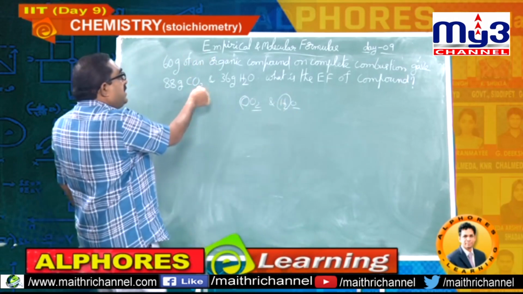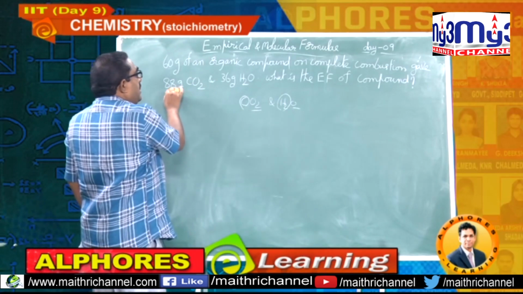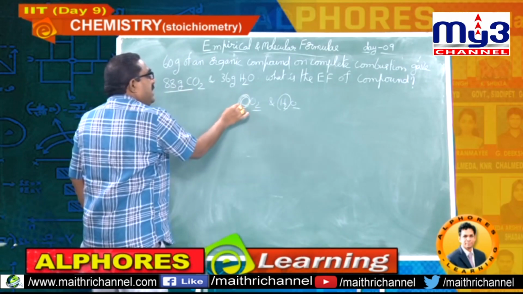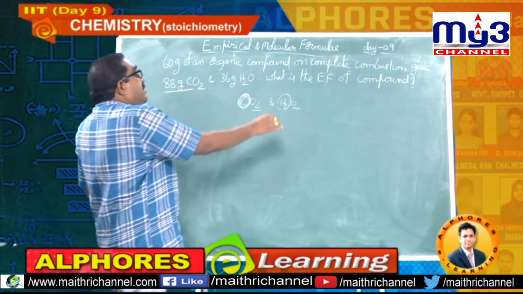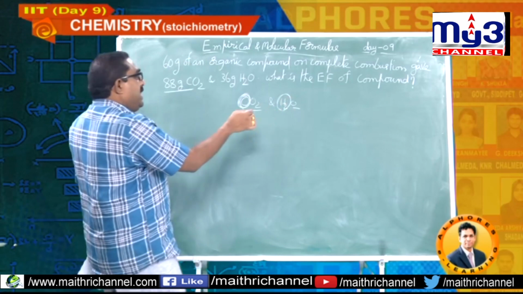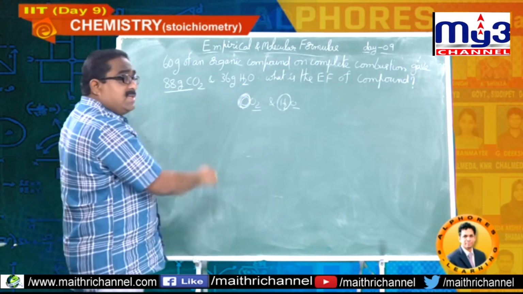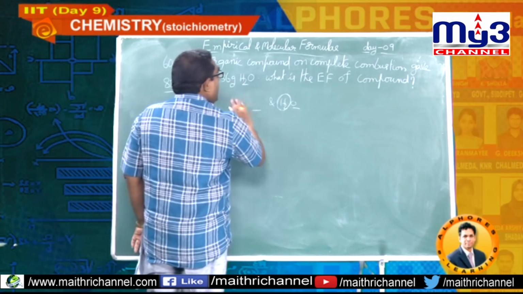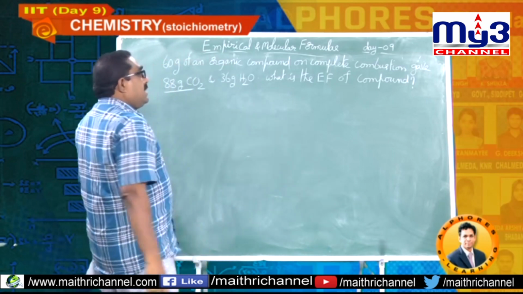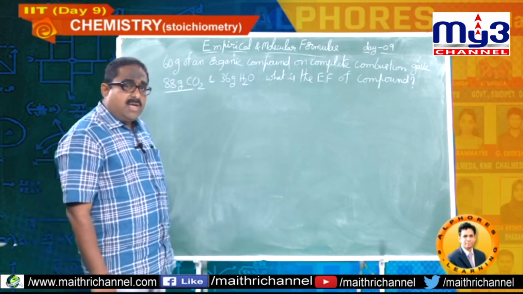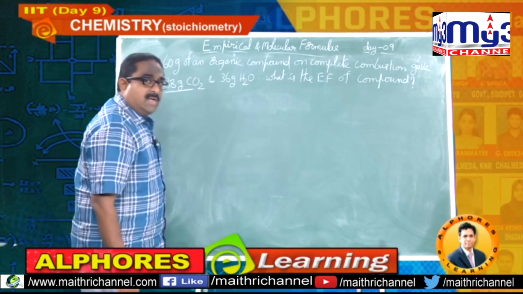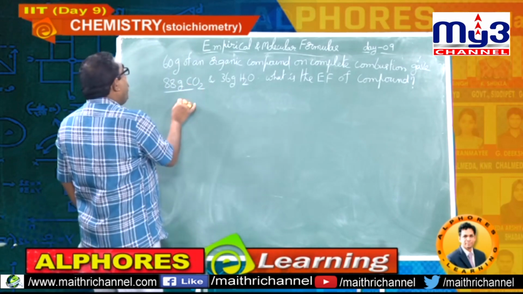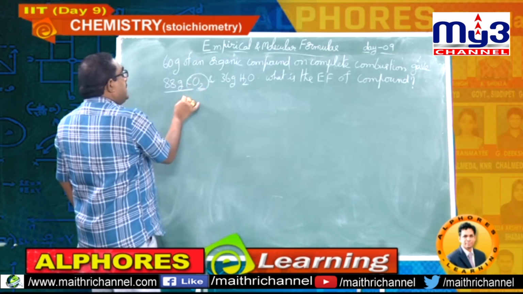So if you observe the data carefully, from the carbon dioxide data you can estimate the percentage composition of carbon. From the H2O data you can estimate the percentage composition of hydrogen in the given compound. Now let me estimate the mass percent of carbon in the compound based on the data given. What is the molar mass of carbon dioxide? 44.